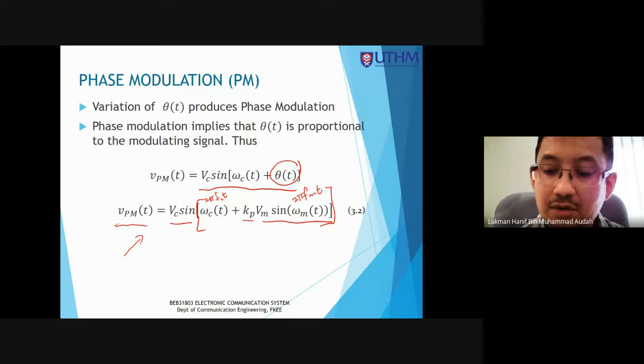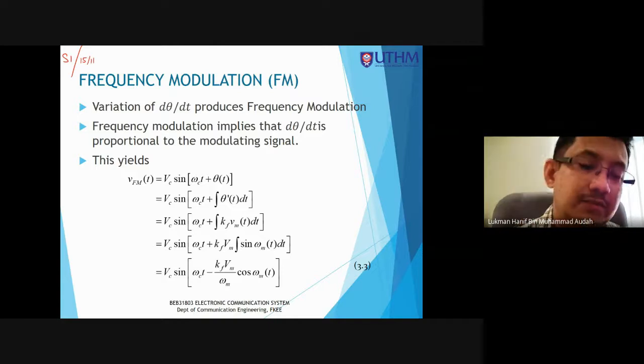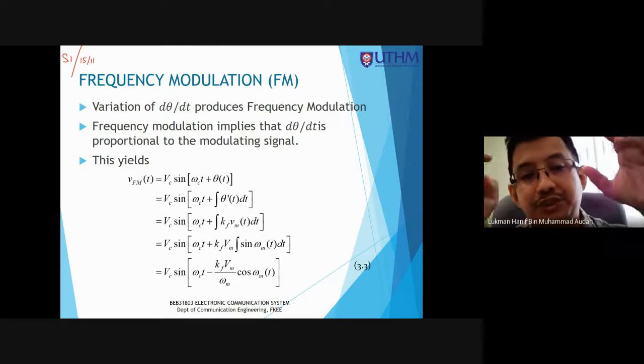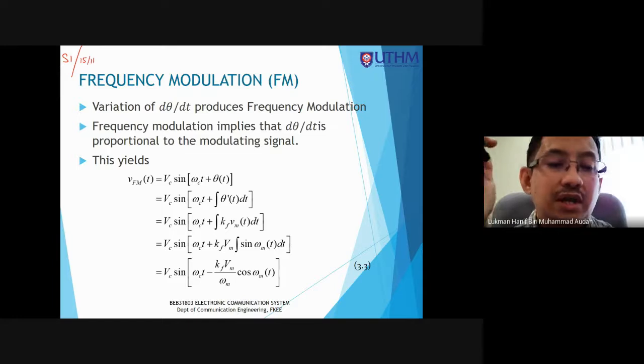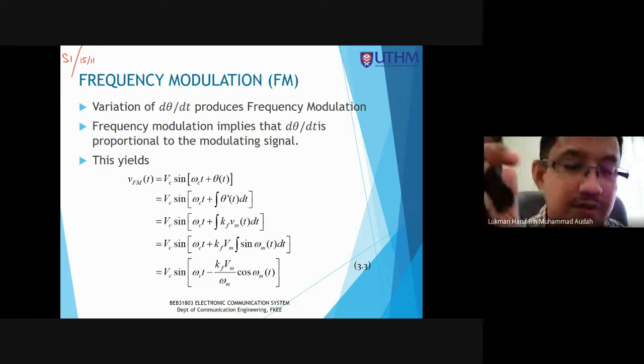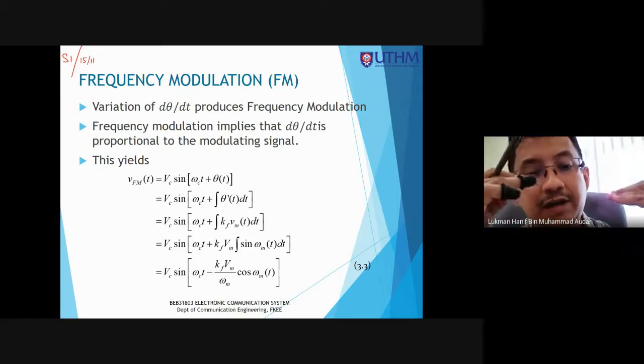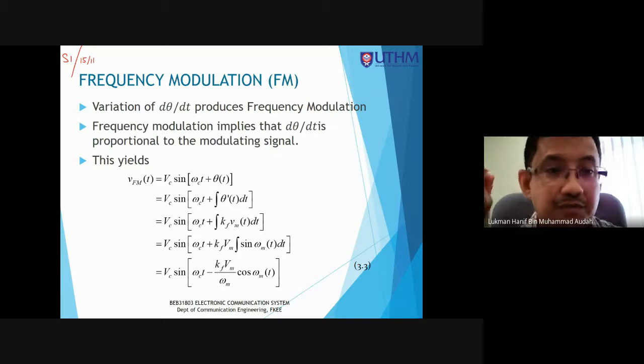Okay, and then what? How can we define the frequency modulation equation? So from the general equation, we can define the frequency modulation equation. Daripada persamaan umum angle modulation, kita boleh define frequency modulation equation.